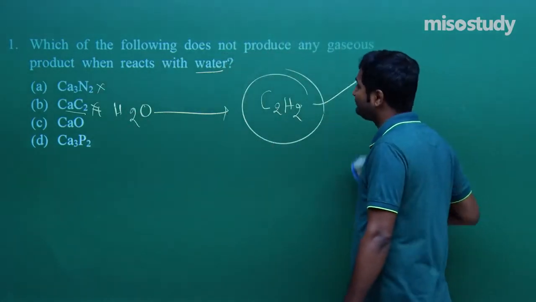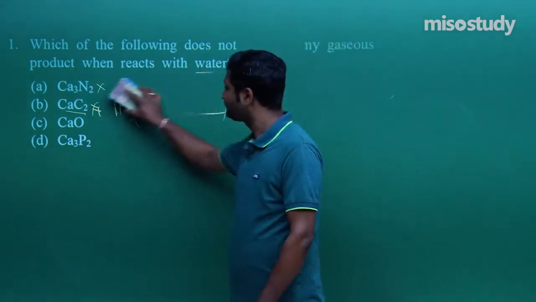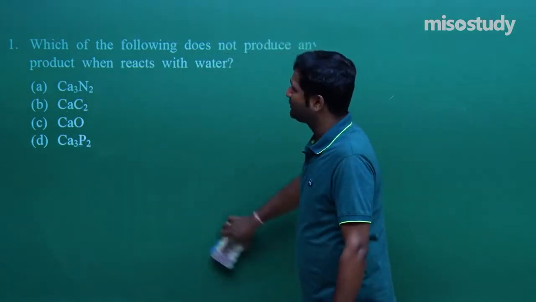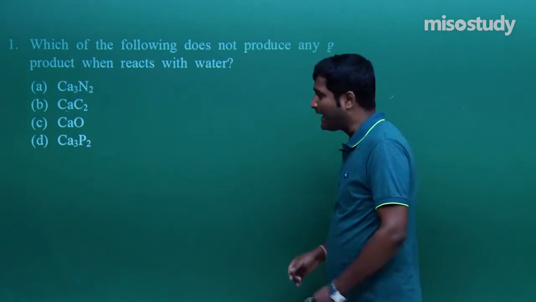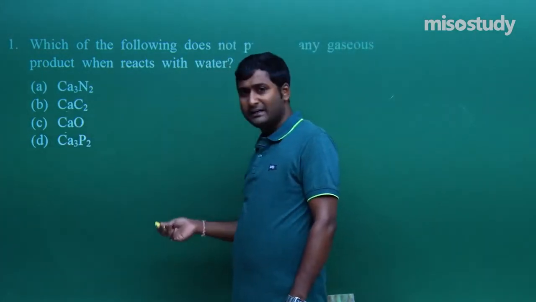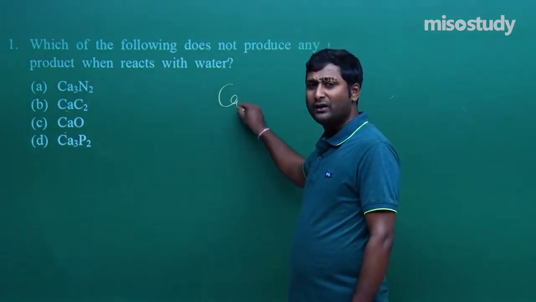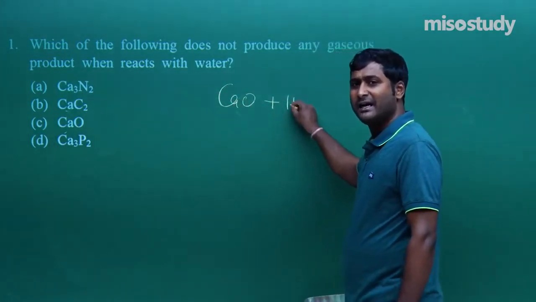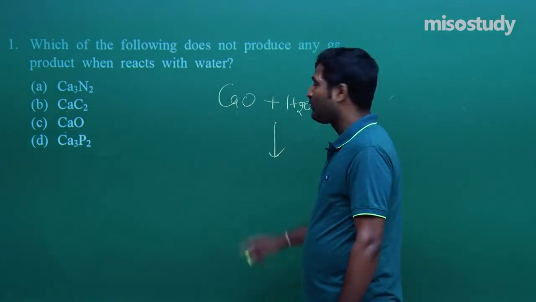Now let's move to the next part of the question. That is CaO, quicklime. This is one of the simple reactions related to water. When quicklime is treated with water, what will happen?